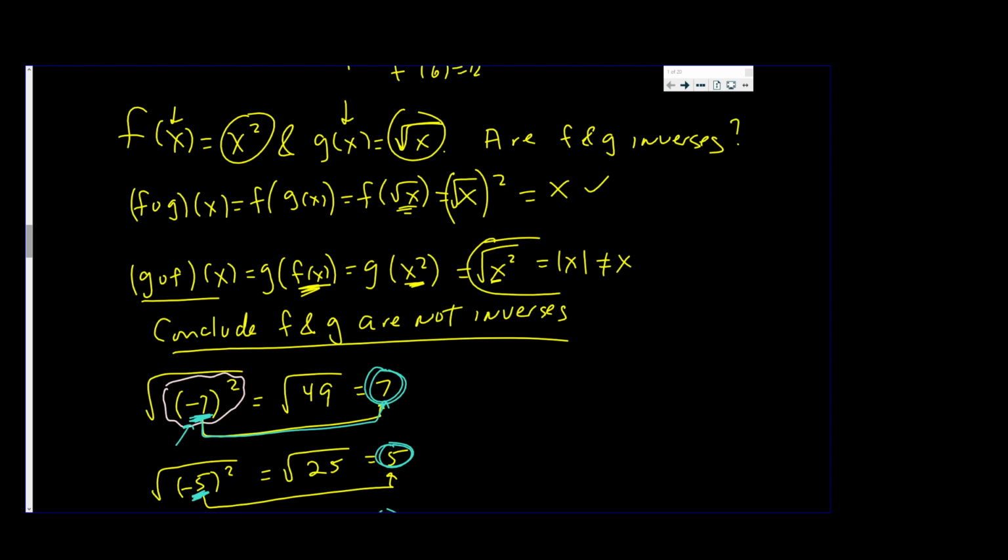In other words, if you have -7 in your calculator, and by accident you square it, so now your calculator says 49. And you're like, darn, I didn't mean to square it.